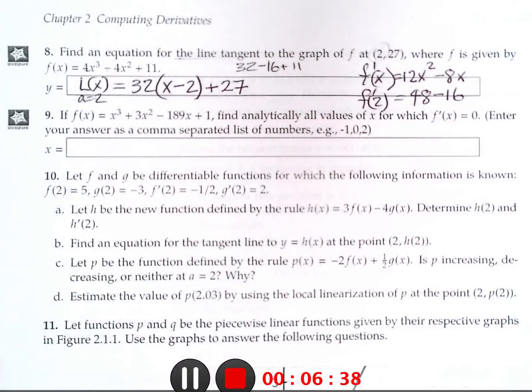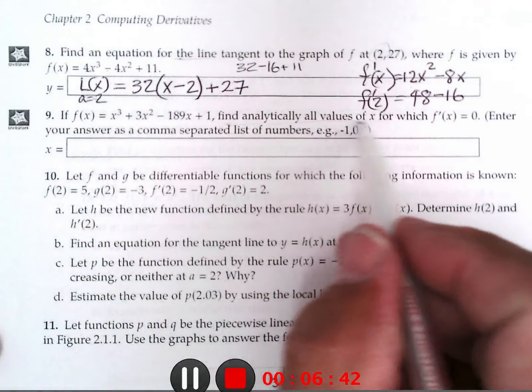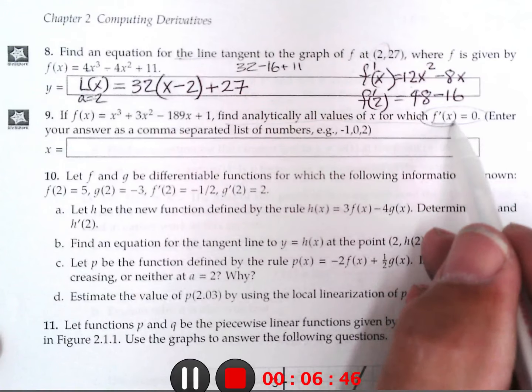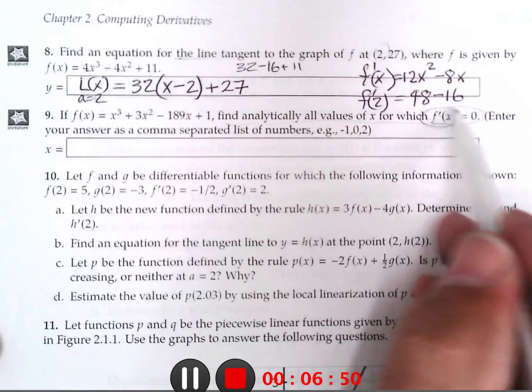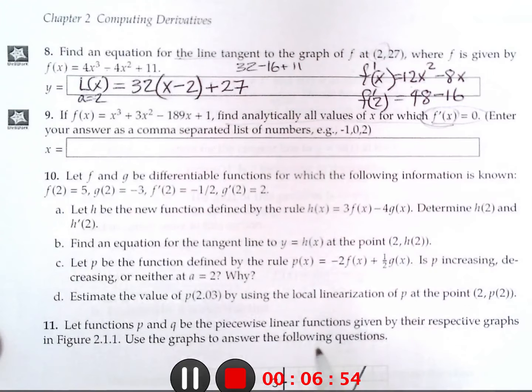Okay, this one. Find analytically values for where the derivative is equal to 0. Not f of 0 or f prime of 0, but where the whole derivative is equal to 0. For what x's? So we're finding x's where the slope of this function is 0.